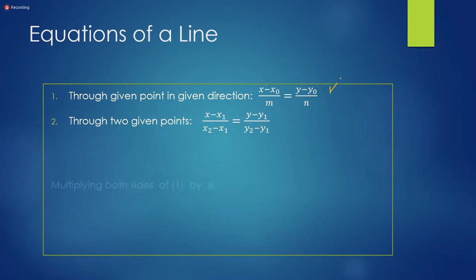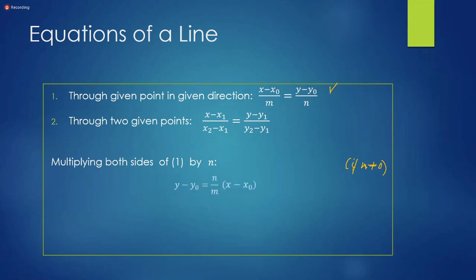But now let's see. If we multiply both sides of the first equation by the number n, supposing that n is not 0, because otherwise it makes no sense, we get something like this. Multiplying this side by n, we get y minus y0.